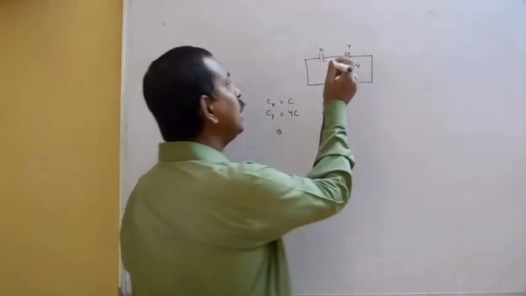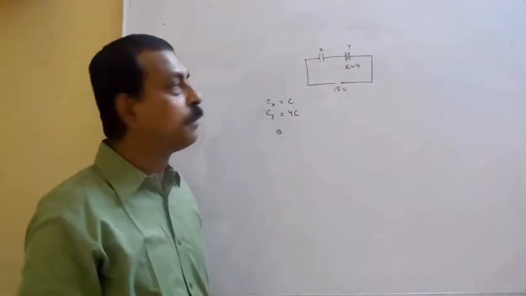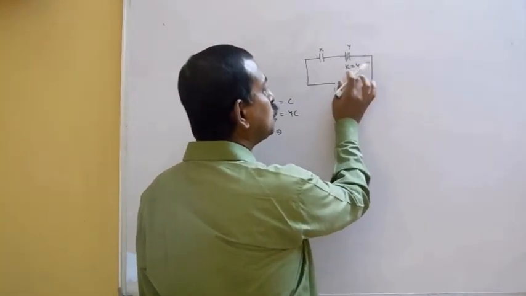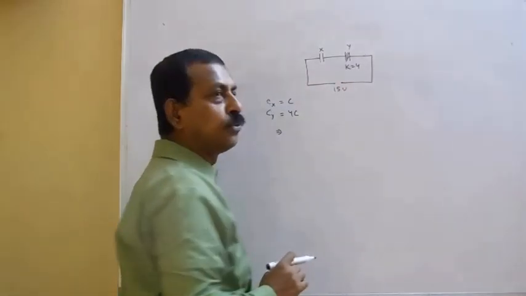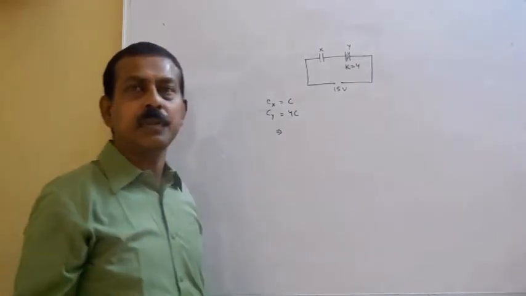Now for this case, let's take X and Y as the two capacitors here. Between the plates of the second capacitor Y, we have introduced a dielectric medium of dielectric constant 4, and it is connected to a 15 volt supply here.